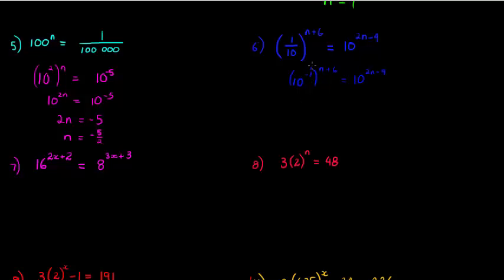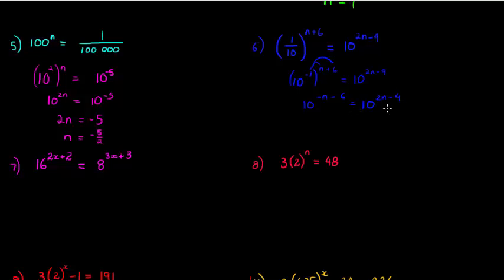So now I just multiply the exponents, and remember I must multiply the negative one with both terms. So it's 10 to the power of negative n, negative 6 is equal to 10 to the power of 2n minus 4.